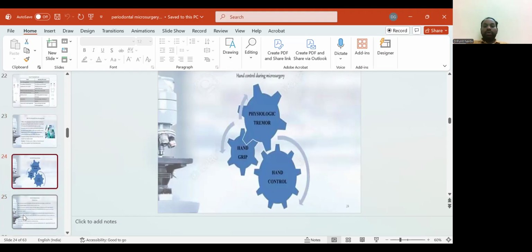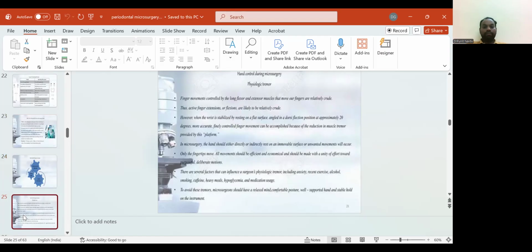The hand control during surgery. There are three things involved: physiological tremor, hand grip, and hand control. Physiological tremor: finger movements controlled by the long flexor and extensor muscles that move the fingers are relatively crude.